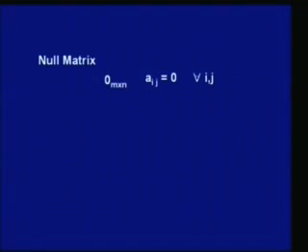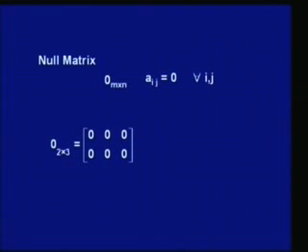Null matrix is another useful matrix, and we denote it by the symbol 0. m by n represents its order. So 0mn is a null matrix of order m by n, and it is a matrix in which Aij is 0 for all values of i and j. i takes values from 1 to m, while j takes values from 1 to n.